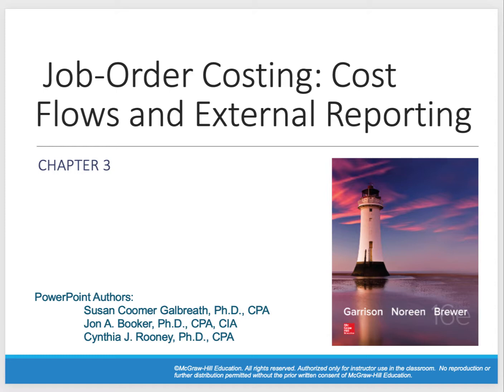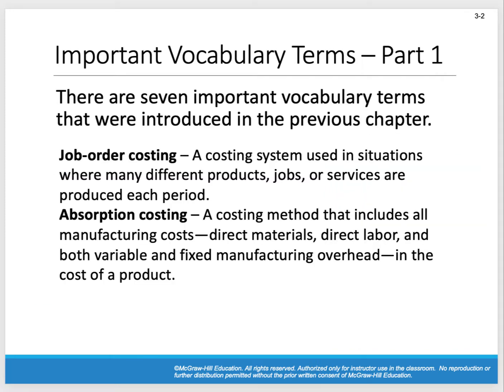All right. Having said that, let's jump into job order costing, looking at cost flow. Now, the first thing we need to recognize here is that there's some vocab words that we're going to need to learn. So let's just go through those, okay? Job order costing, we already know what that is. We learned about that in chapter 2, right? It's one of the many costing systems we're going to learn in this class.